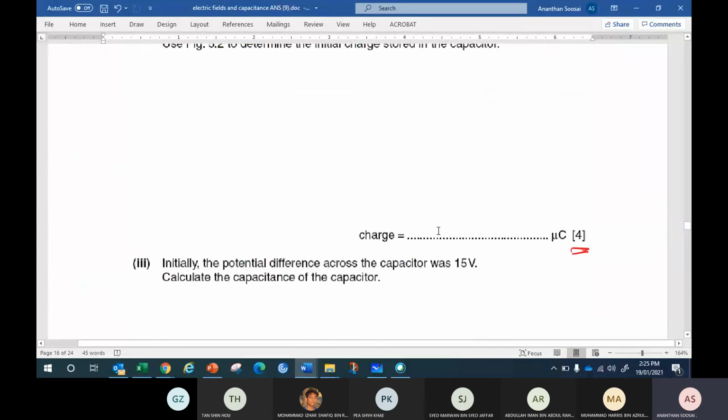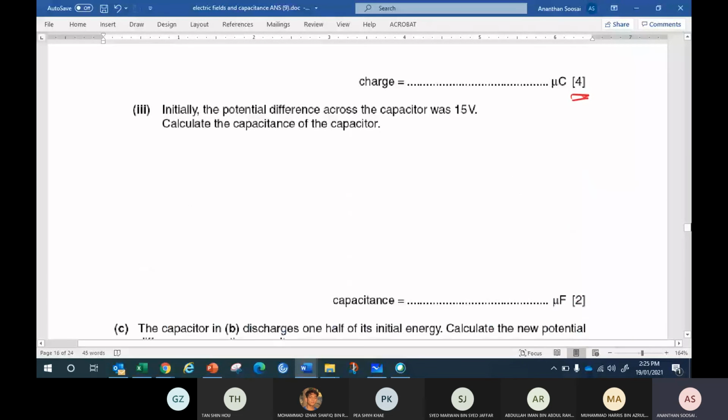Now assume we know the charge stored. How do you do part 3? What formula do you use?